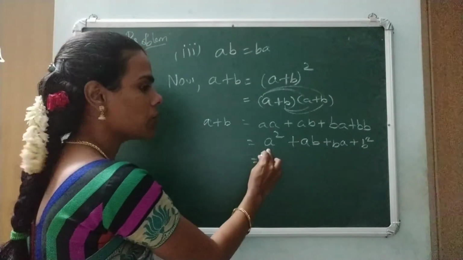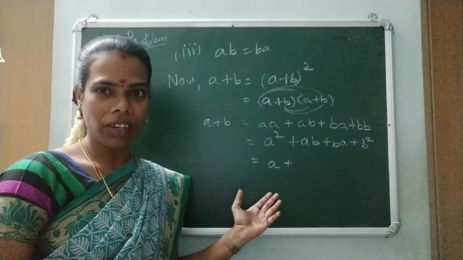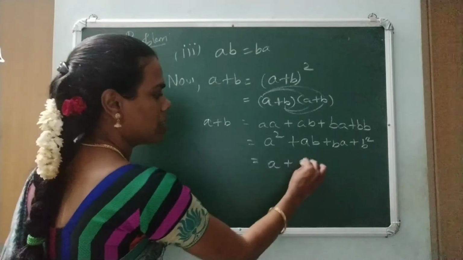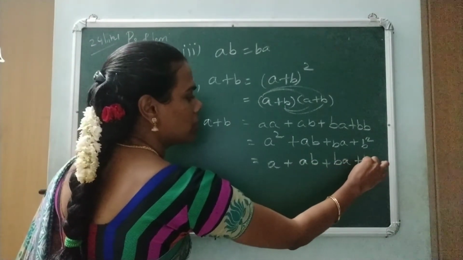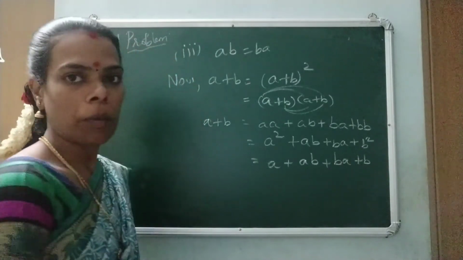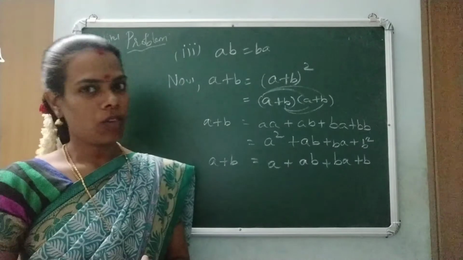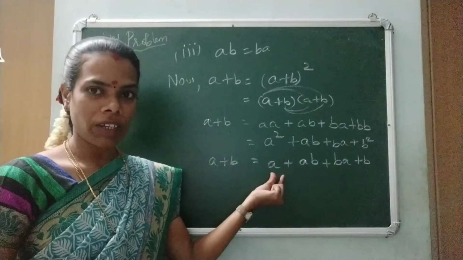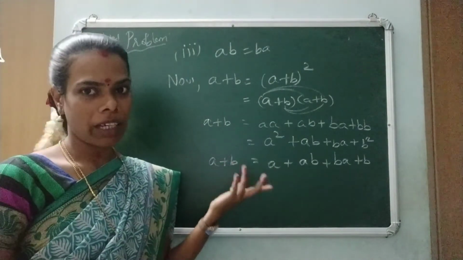So this A squared is nothing but A, because of the given condition, right? You can use A squared equal to A, and this is AB, this is BA, and B squared can be written as B. So left side also I am having A plus B, right? Now look at that. What will be cancelled out? This is also A. When this comes to this side, it changes into minus A. So this A minus A will be cancelled out.